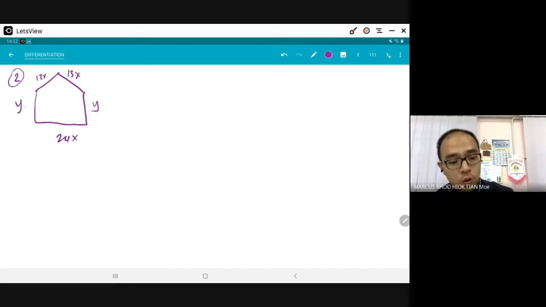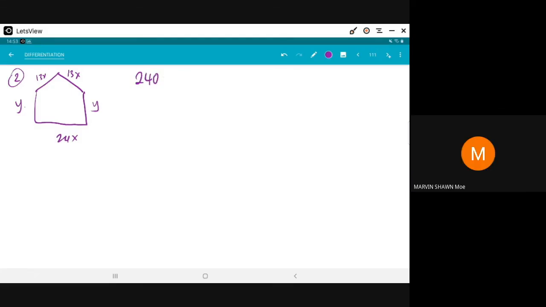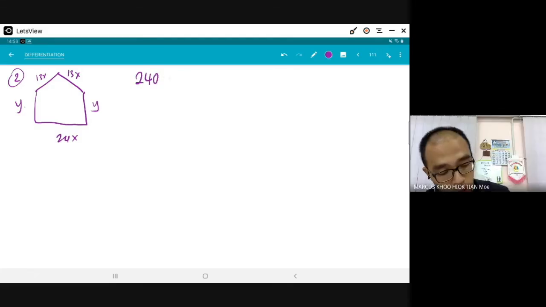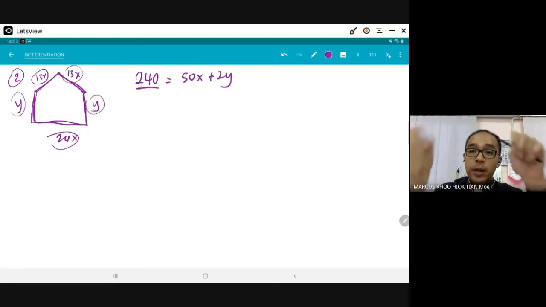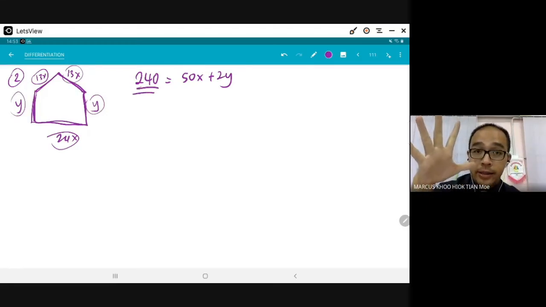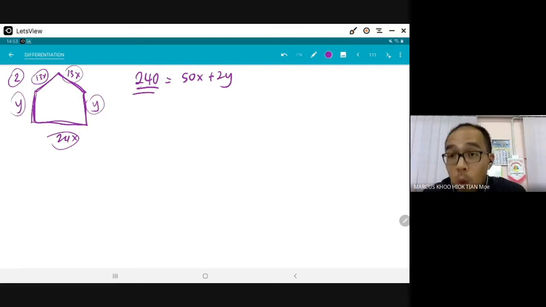The wire is 240 centimeters. 240 equals 50x plus 2y. How do you get 50x plus 2y? What's that, Marvin? Okay, yeah. You tambah semua inilah. Okay, tambah semua ini because this is one wire yang panjangnya 240 dikasih bengkok supaya ada 5 bahagian.